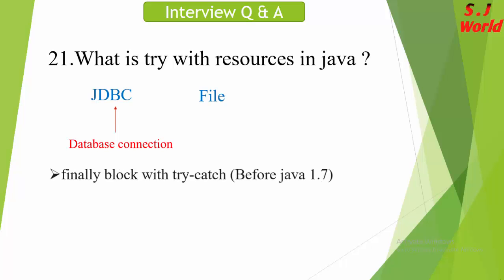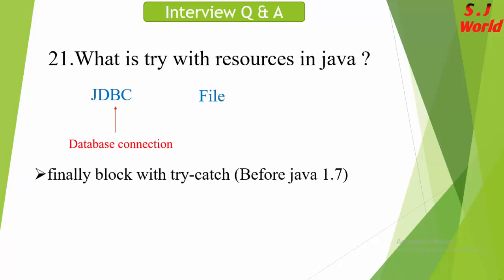Suppose I forget to close the resources, what will happen? In this case, you will face the memory leak problem, and we can also face performance issues, because the resources are left open.